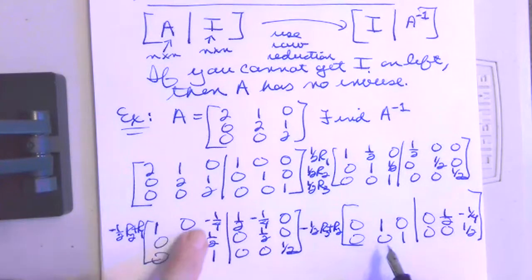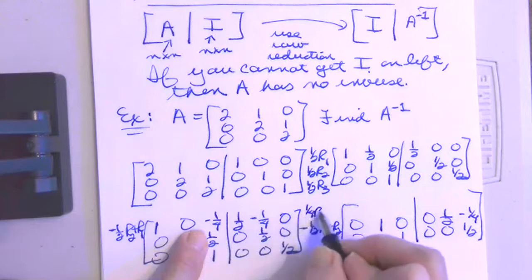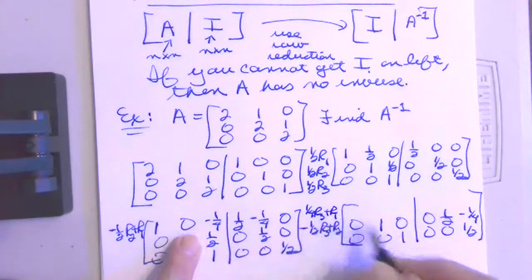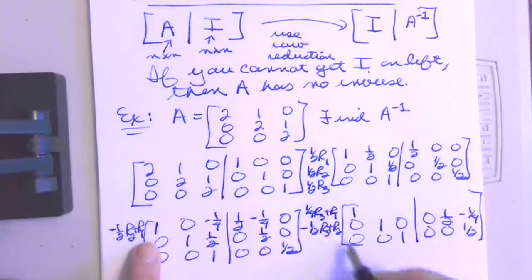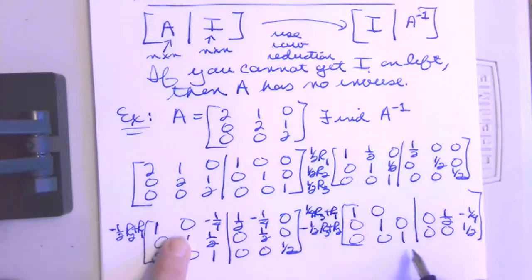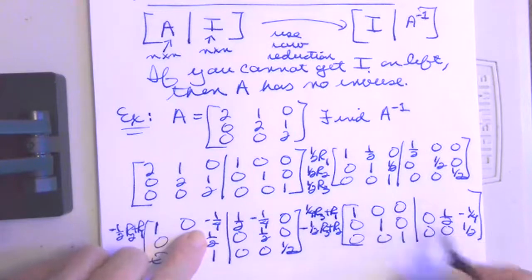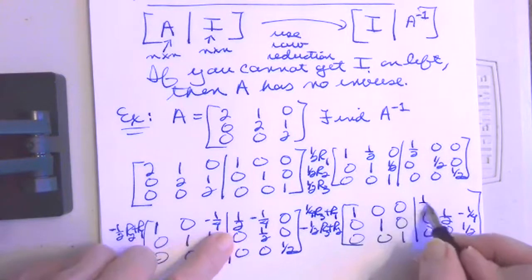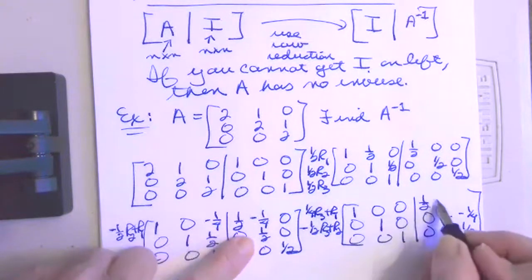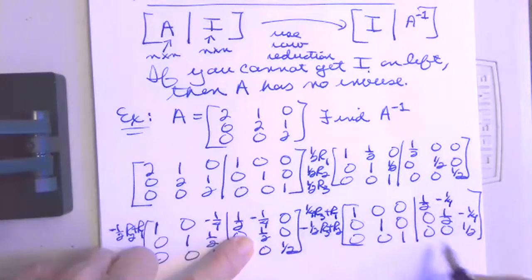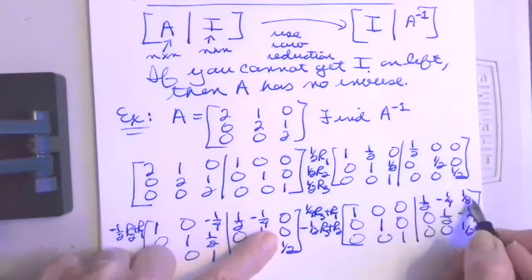And now to get rid of a minus 1/4 using a 1, I'll do 1/4 row 3 plus row 1. Then I'll get 0 and 1 is 1, 0 and 0 is 0, plus a fourth and minus a fourth is 0, 0 and a half is a half, 0 and minus 1/4 is minus 1/4, and then I get 1/8 and 0 is 1/8.